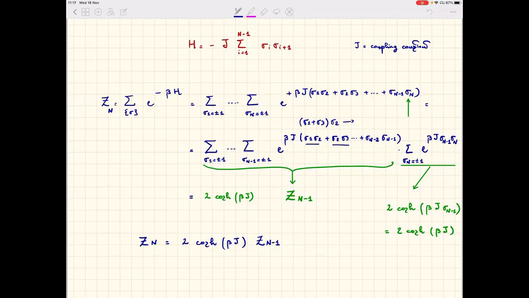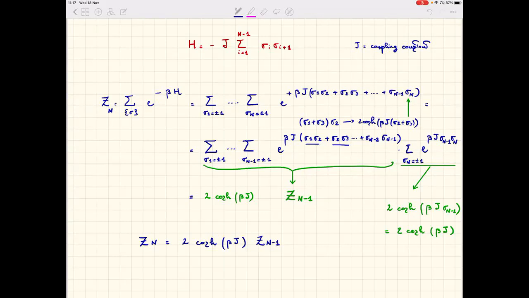What I will obtain is 2 cosh of beta J times (sigma 1 plus sigma 3). And now sigma 1 plus sigma 3 can be equal to plus 2, minus 2, and 0. Therefore, this cosh does depend on the configurations of sigma 1 and sigma 3.